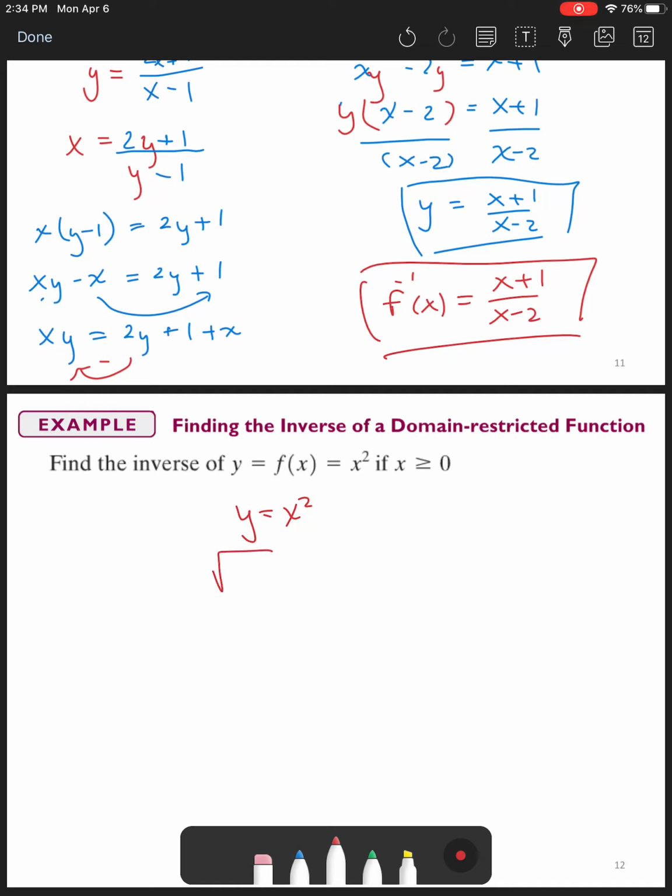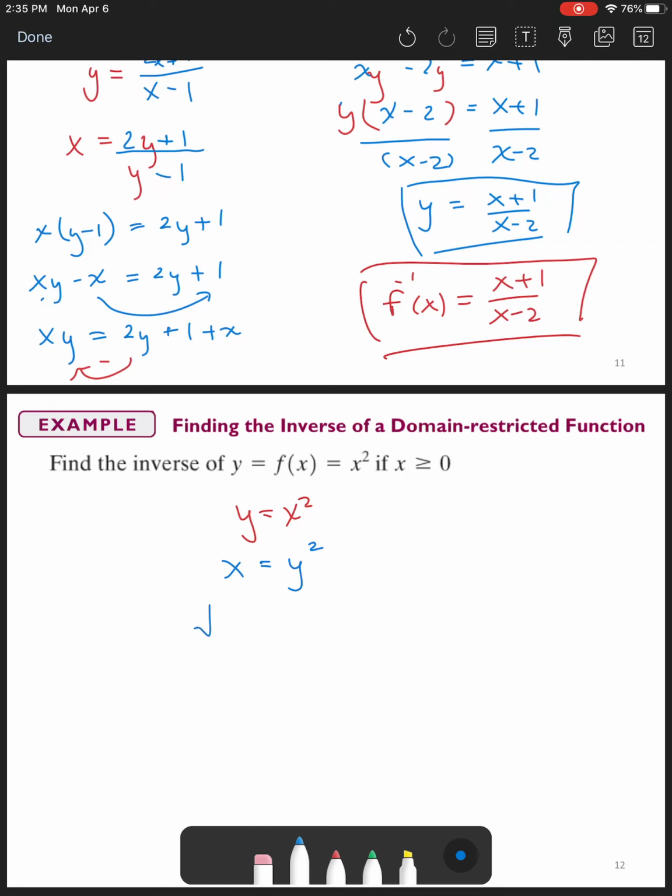Are we undoing immediately? No, we got to swap x and y. Man, I thought y'all were going to let me get by with that one. So we have x equals y squared. We swapped x and y.